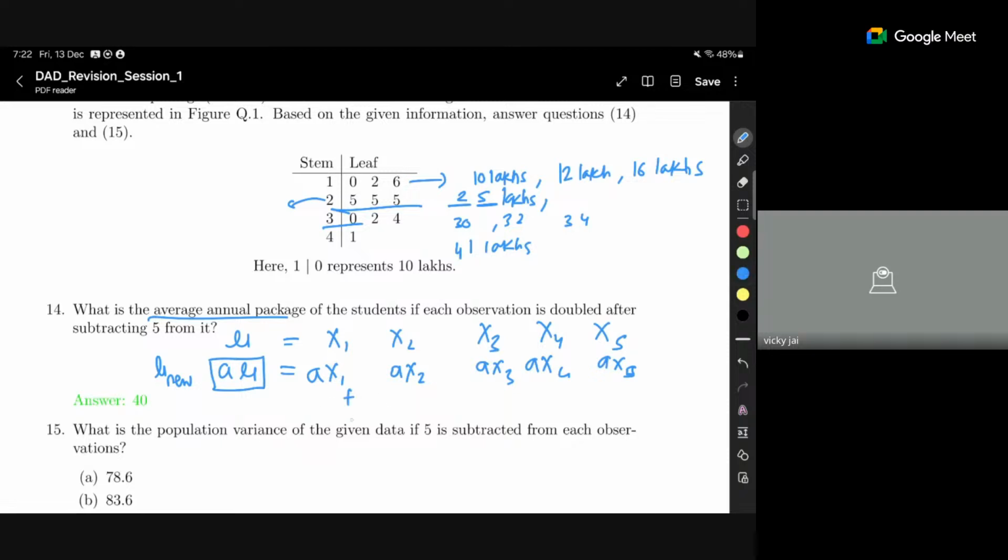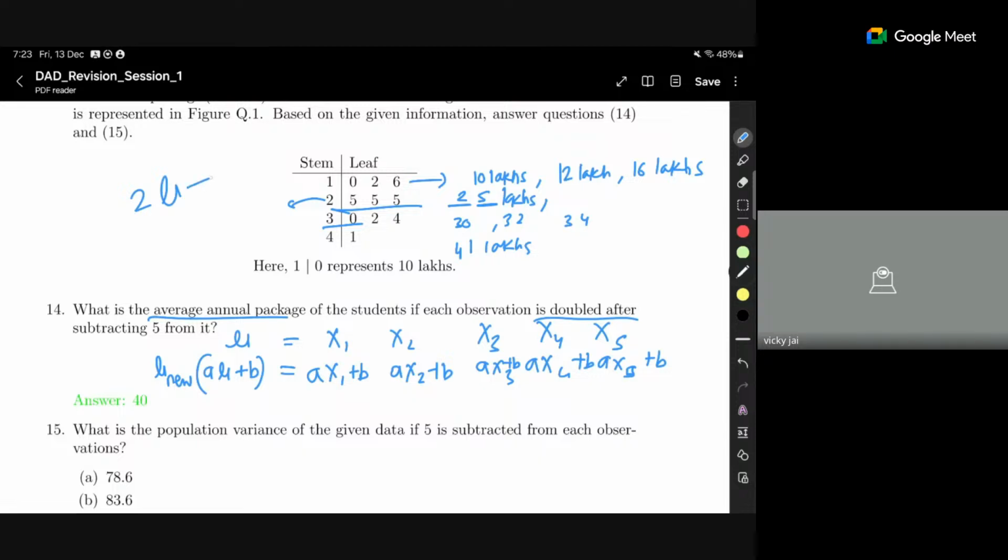Now if you add a constant to it, let's say b is a constant added to each of them, then the mean will also get affected that much. So a times mu plus the constant, right? So what I will do is first figure out the mean of this data, which is already given to me, and then I know what I have to multiply. I have to double them, so I'll multiply by 2.